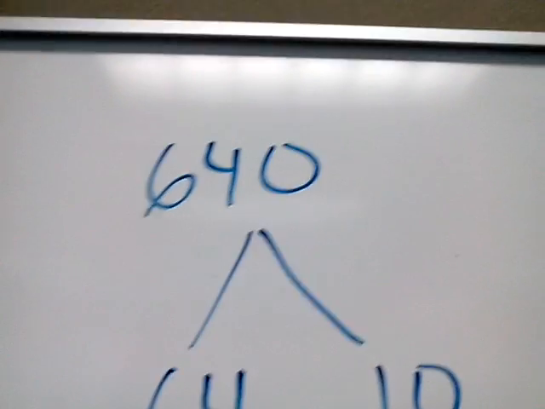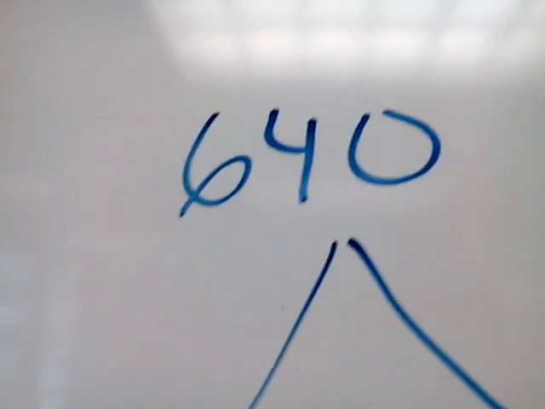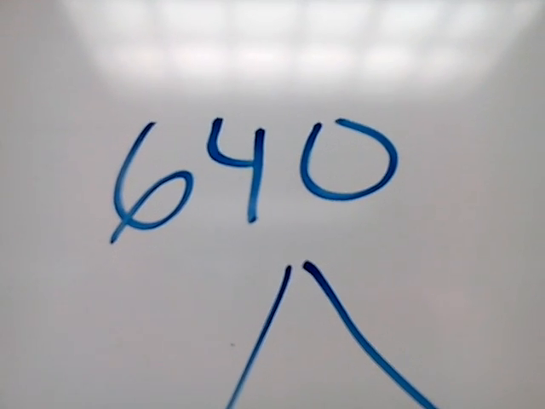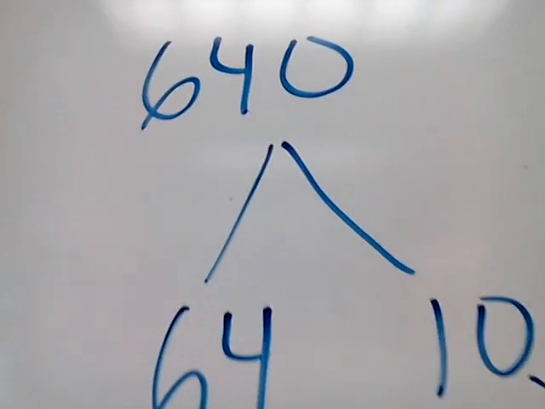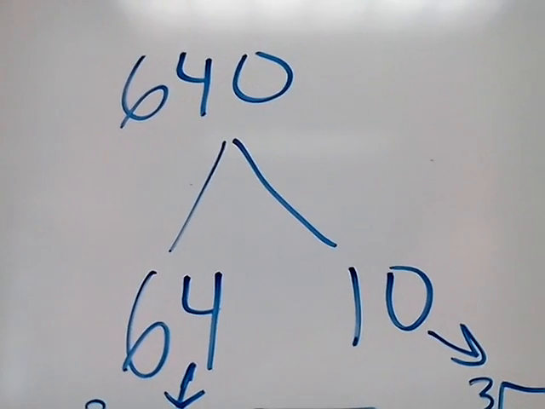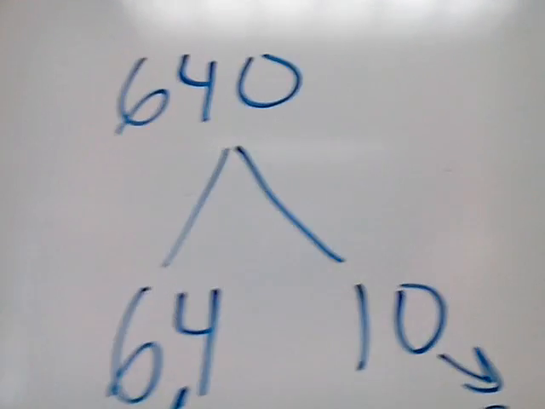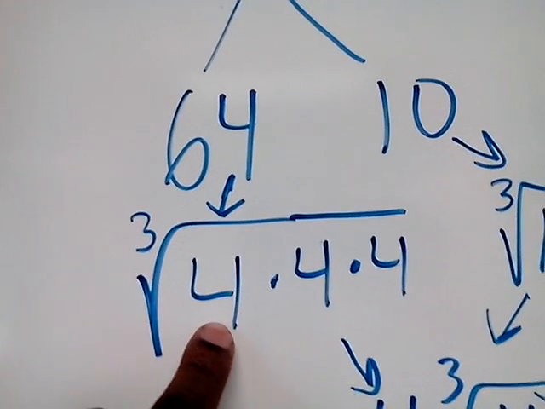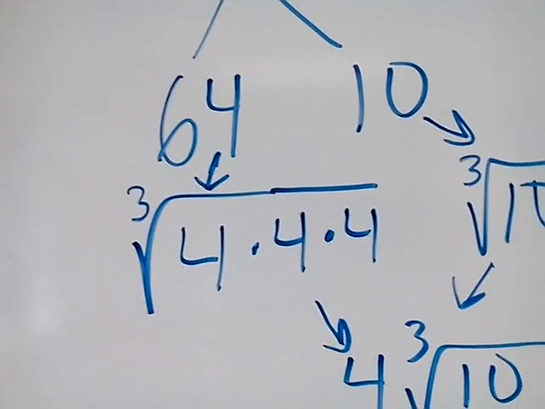So we take 640, and since we can't find a perfect third root, a perfect cube of 640, then we will factor it out. So we get 64 times 10. And by factoring it out, we find that 4 times 4 times 4 is 64.